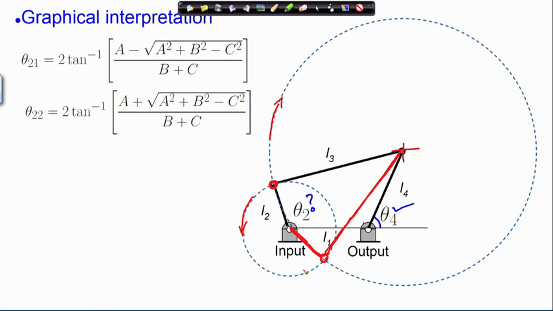So, correspondingly, given theta 4, you have two solutions of theta 2, one is this solution, the other is this solution, and you can have therefore two solutions of theta 3, this solution or this solution.